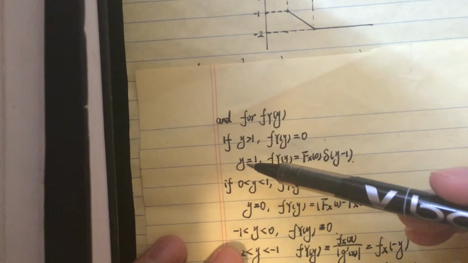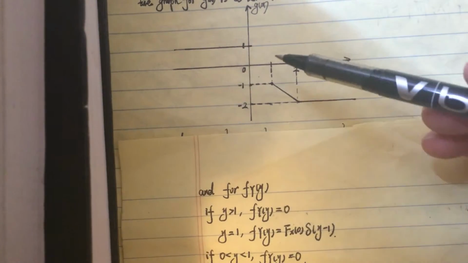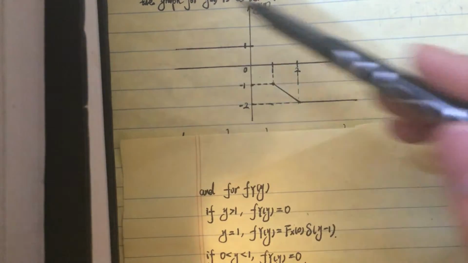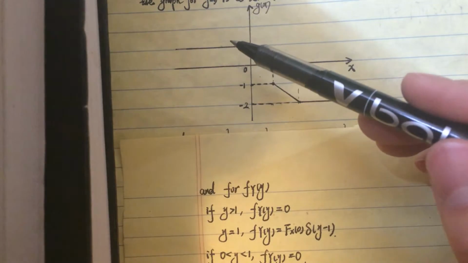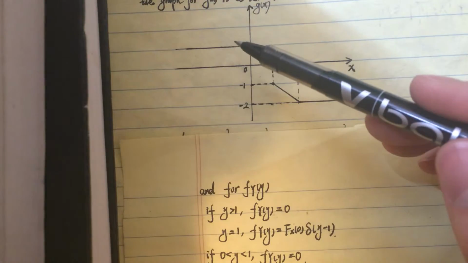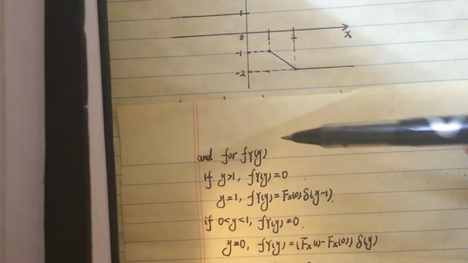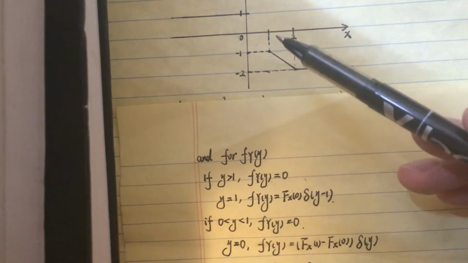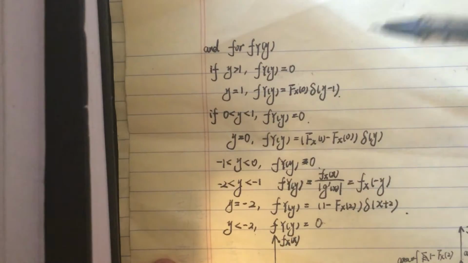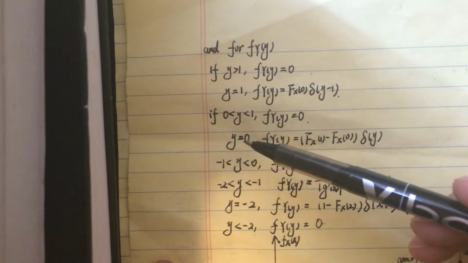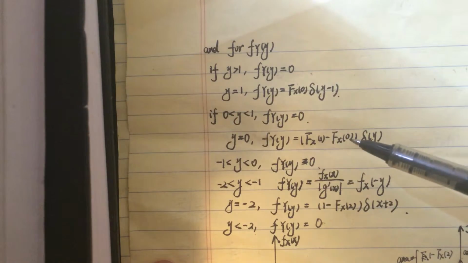And when y equals 1, according to this graph, we can see that there's an area defined on y equals 1, and the value of the area is f_X(0). Similarly, for y equals 0, the area is f_X(1) minus f_X(0).